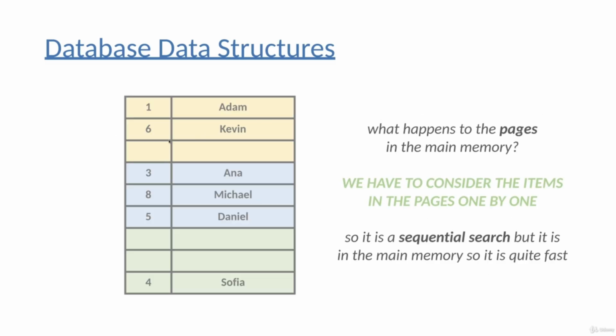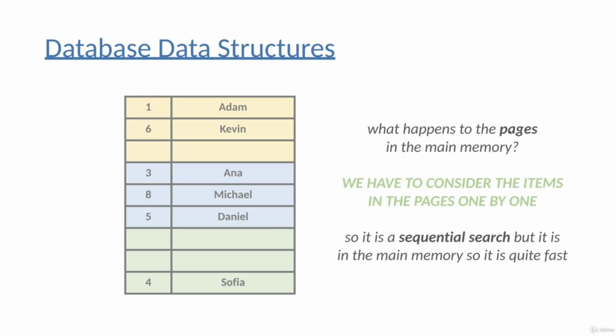For example, just for demonstration purposes, let's assume that 3 rows of the database table form a given page. Then, whenever we fetch a given page from external memory and bring it to the internal memory, we are dealing with 3 rows. So we have the first 3 rows as the first page, then the next 3 rows as the second page, then the next 3 rows as the third page, and so on.